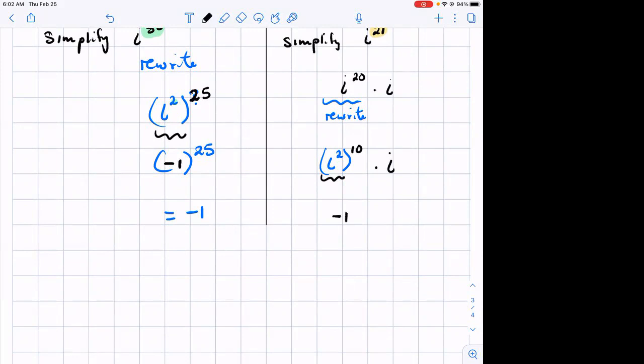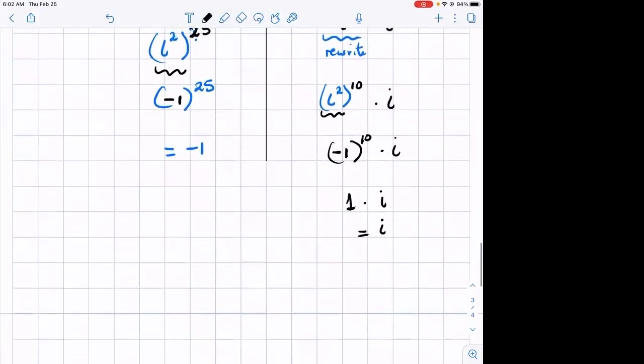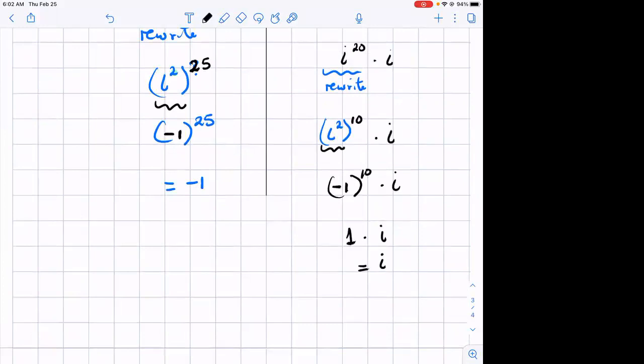So minus 1 now raised to an even power. And any negative raised to an even power will produce a positive result. So this becomes positive 1 times i, which is equal to i. So in one answer we have minus 1, in the other answer we have i.